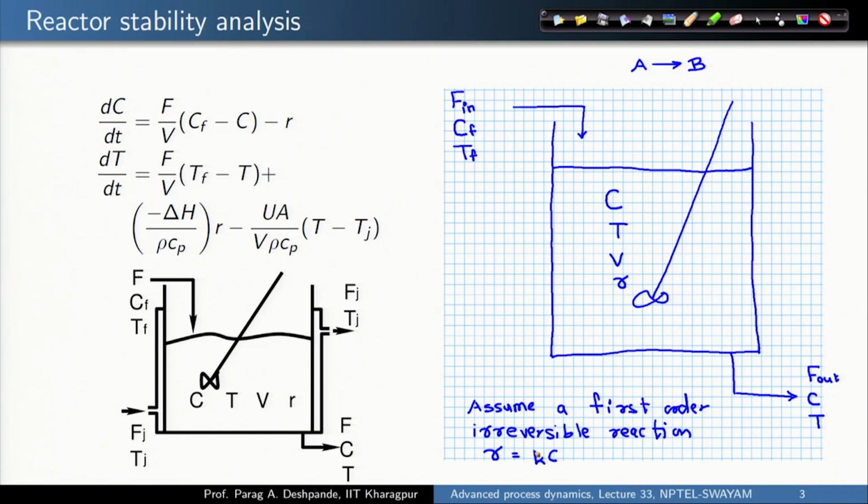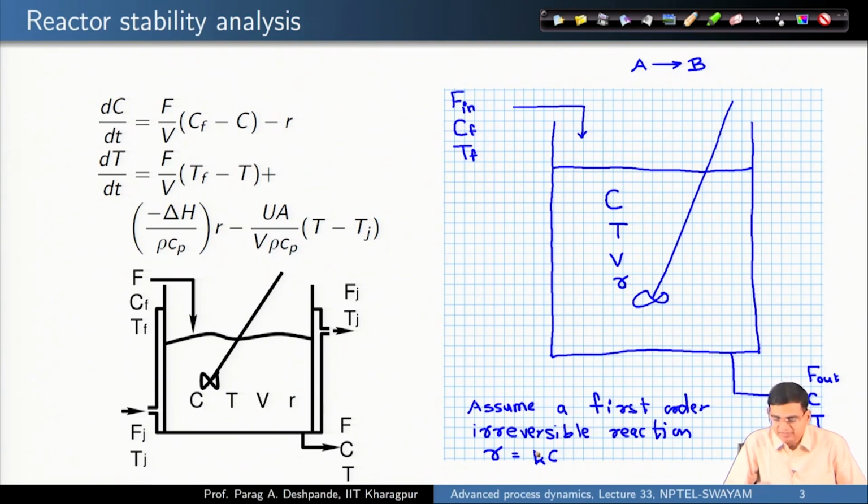Now, what you can have is a situation where the reaction is exothermic, meaning that some amount of energy or heat would be liberated by the system, and if you want to maintain a constant temperature T, then you will have to take that heat out of the system. So, this particular arrangement is also called diabatic operation of the reactor. Diabatic operation of the reactor means that exchange of heat is allowed in the system.